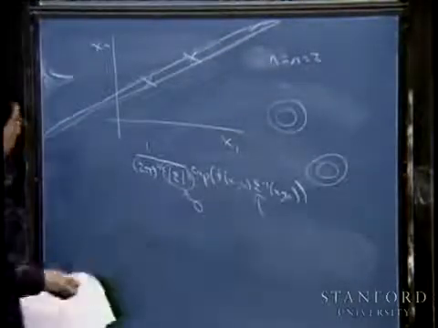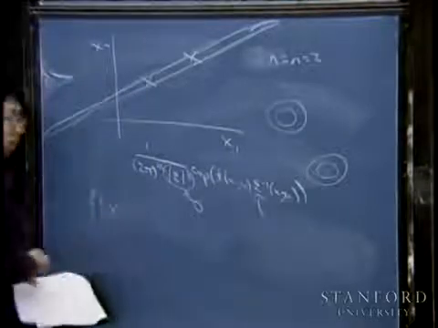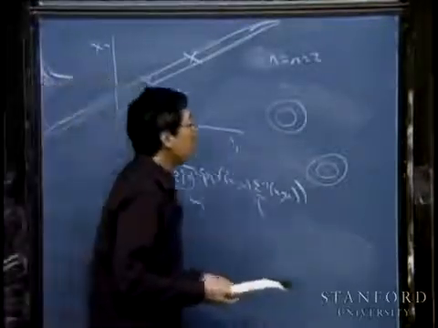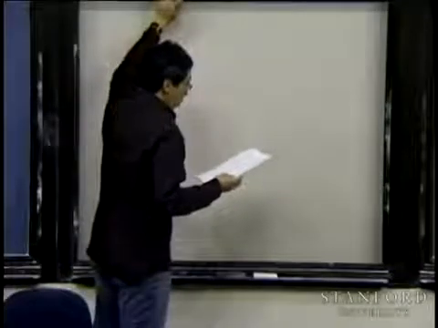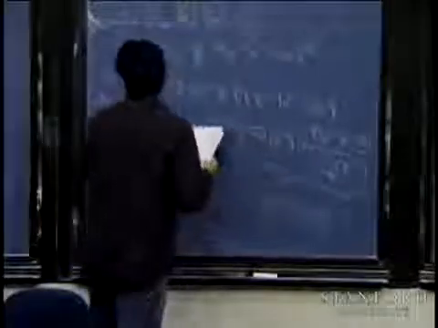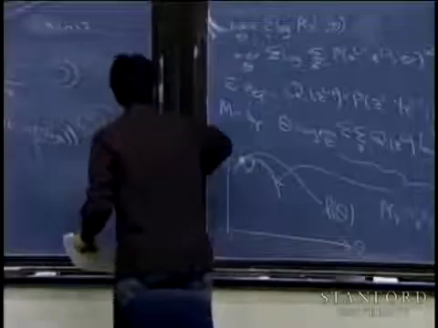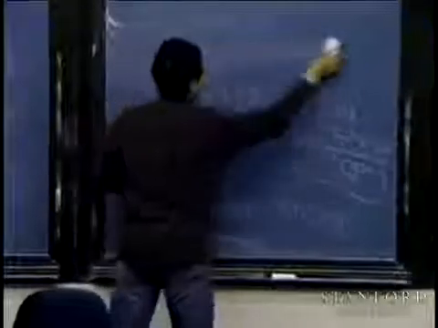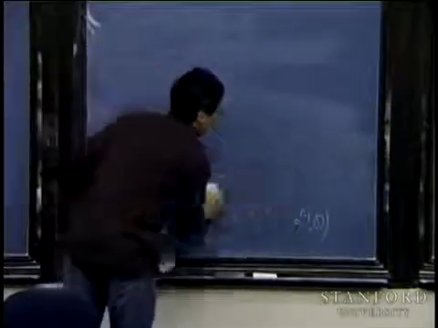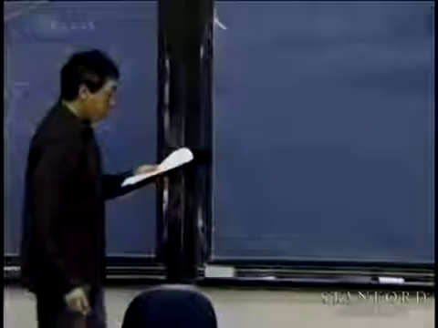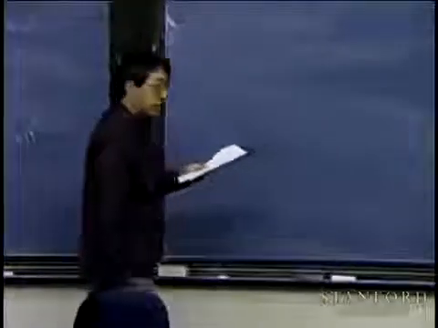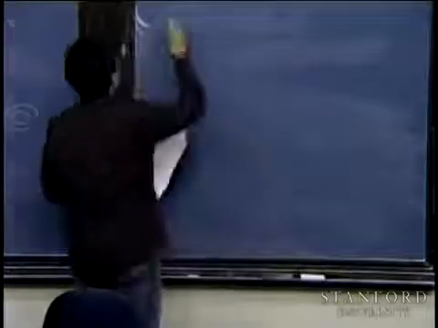So let's see if we can do better. Given this sort of data, how do you model p of x? Well, one thing you could do is constrain sigma to be diagonal.